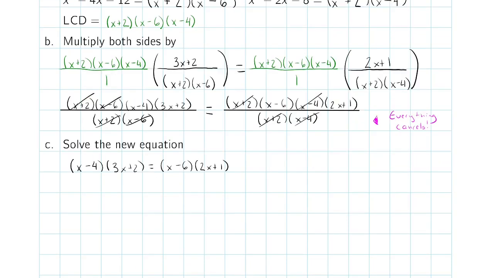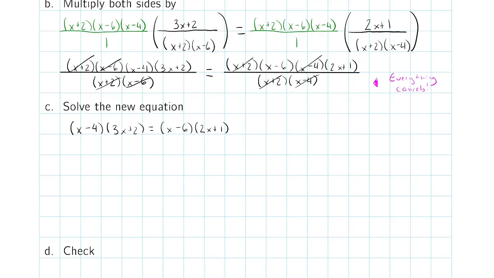I'm left with a polynomial equation. And I know how to solve a polynomial equation. In this case, I'll need to multiply out both sides. So I'll have 3x squared plus 2x minus 12x minus 8 equals 2x squared plus x minus 12x minus 6.